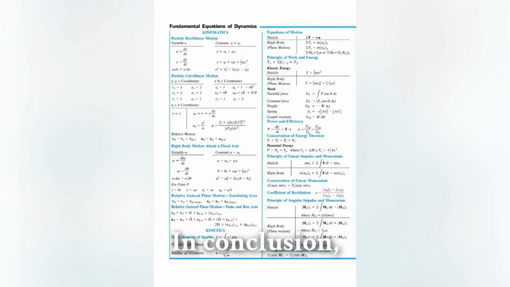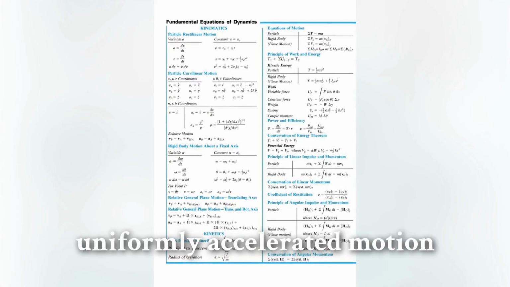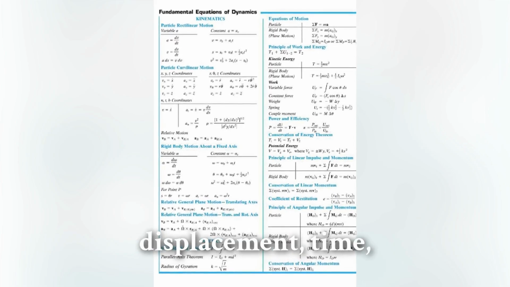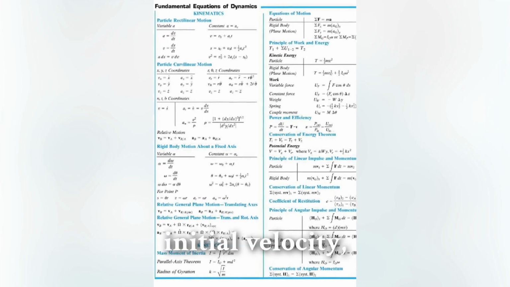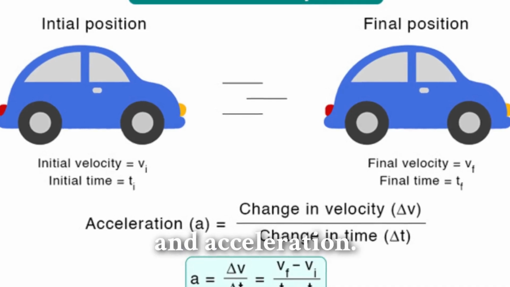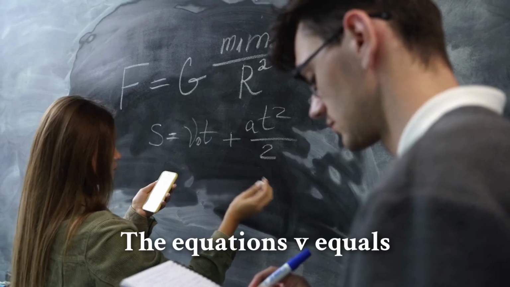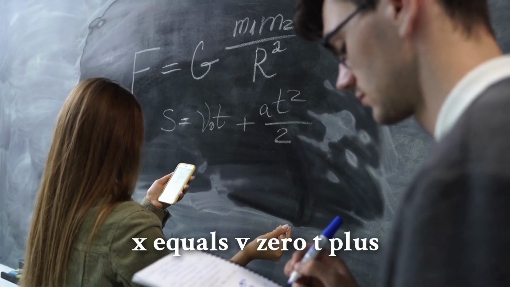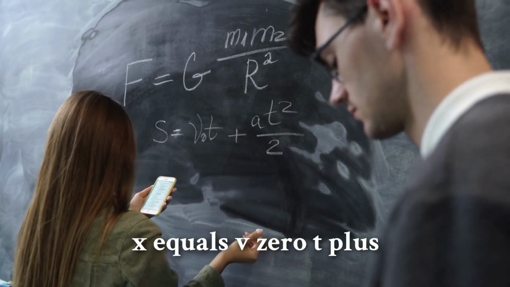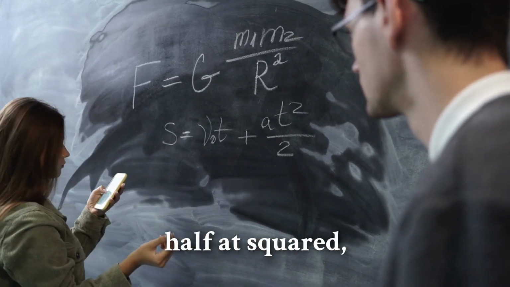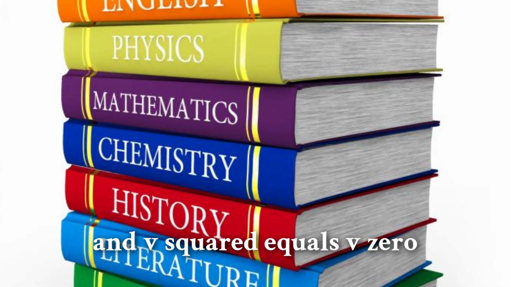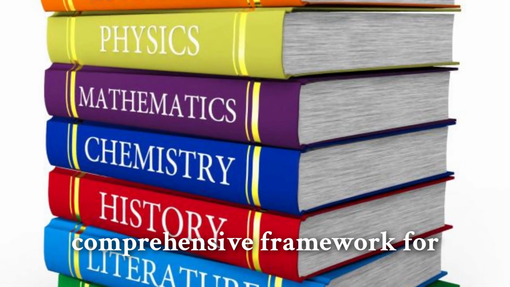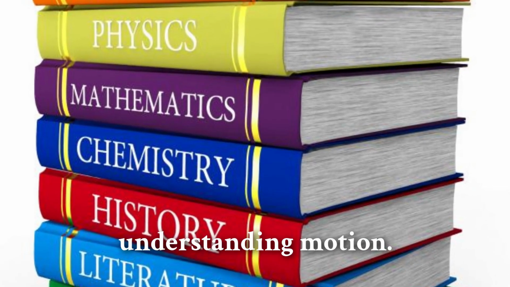In conclusion, uniformly accelerated motion encompasses a set of fundamental equations that relate displacement, time, initial velocity, final velocity, and acceleration. The equations v equals v0 plus at, x equals v0t plus half at squared, and v squared equals v0 squared plus 2ax provide a comprehensive framework for understanding motion.